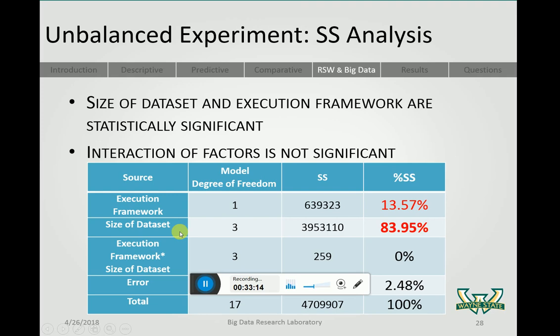So statistically, size of dataset is significant in these experiments, and only around 14% is attributable to execution framework, and there is no interaction between these 2 factors. Considering these results, we can infer that both size of dataset and execution framework are statistically significant. However, their interaction is not statistically significant.